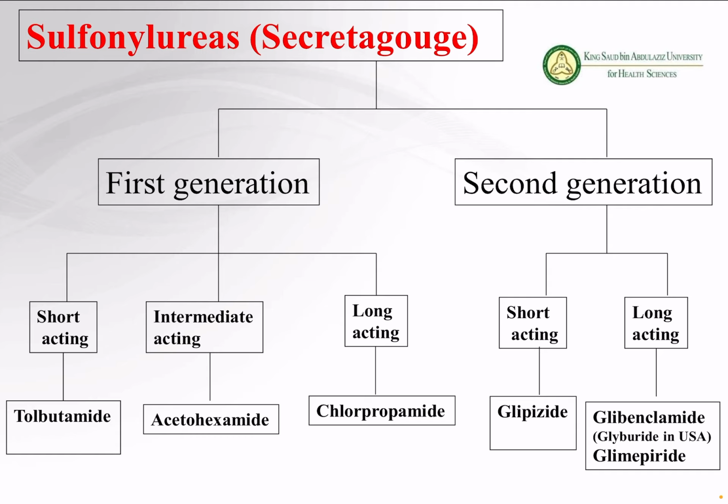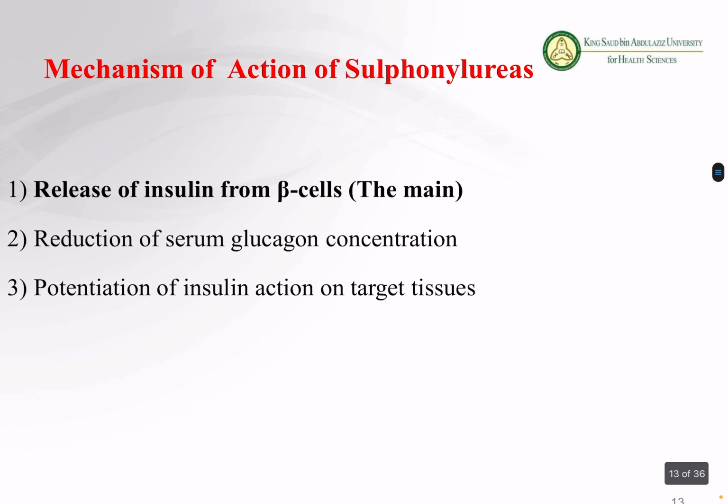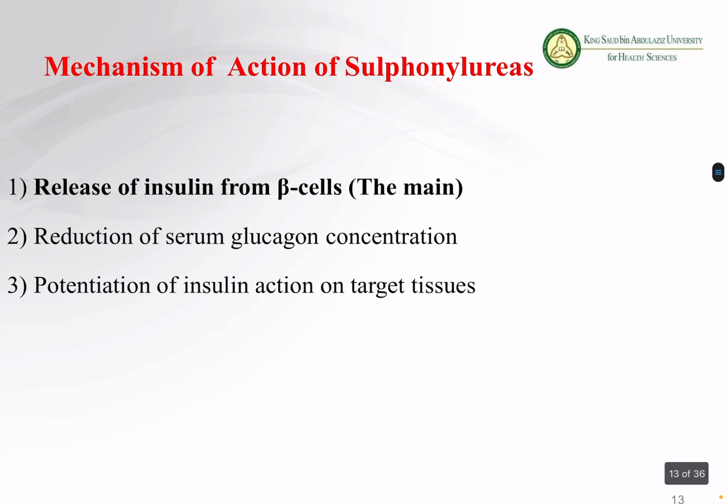What is the mechanism of action of sulfonylurea and how do these drugs work? I just discussed that these are secretagogue in nature, meaning they secrete insulin. So their main mechanism is release of insulin from the beta cells.